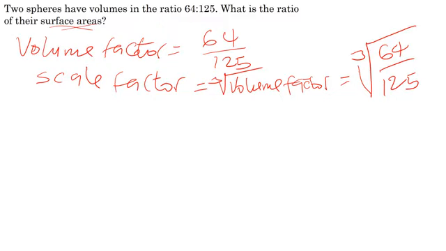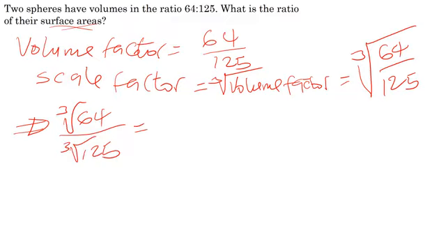This is the same as to say cube root of 64 over cube root of 125. We need to find that. On your calculator, cube root of 64 will be equal to 4, and cube root of 125 will be equal to 5. Okay, which is the same as to say 4 to 5.